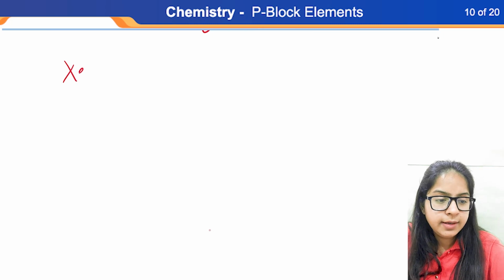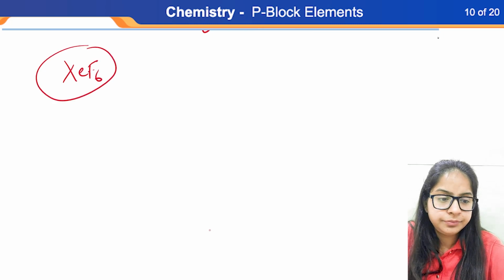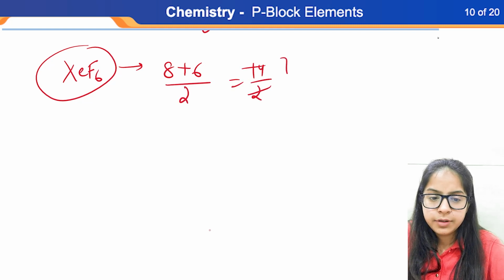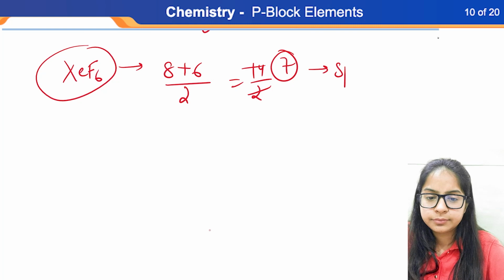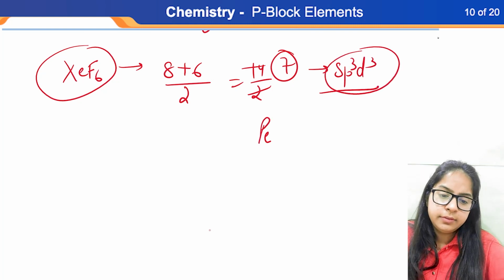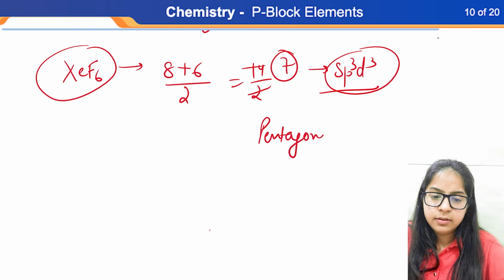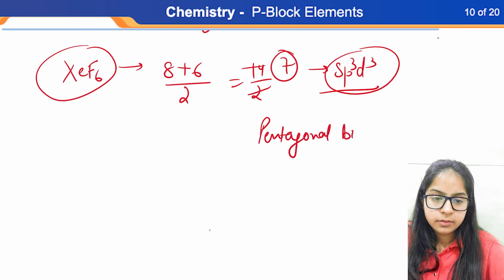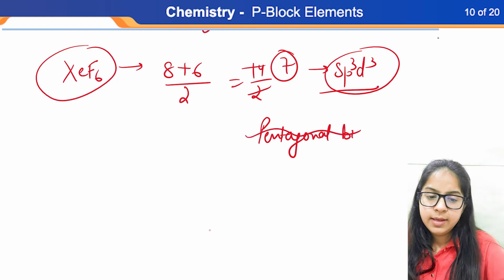Okay. Then XeF6. Xe has 8 electrons, F contributes 6 electrons. 14 by 2 is 7. sp3d3, pentagonal bipyramidal. Sorry, it's a distorted octahedral structure.